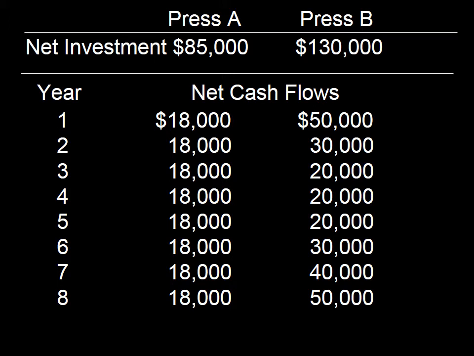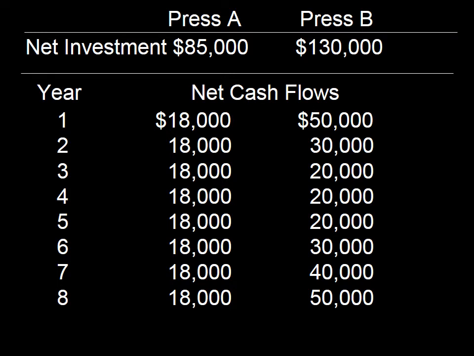Press B will cost $130,000. Press A gives us an annuity cash flow of $18,000 a year for all 8 years, whereas press B, which is considerably more expensive, gives us a mixed cash flow stream over the 8-year period.